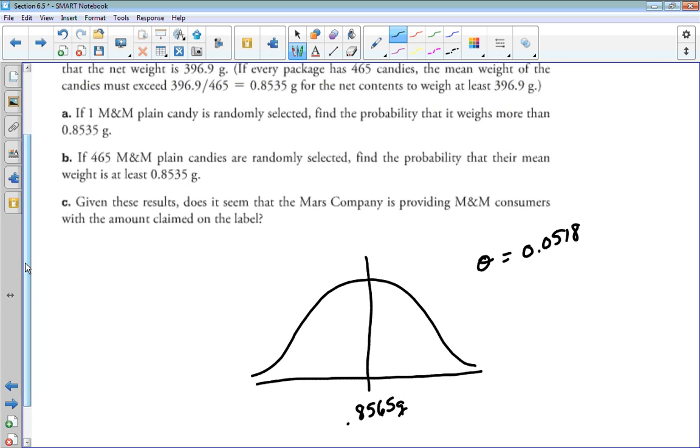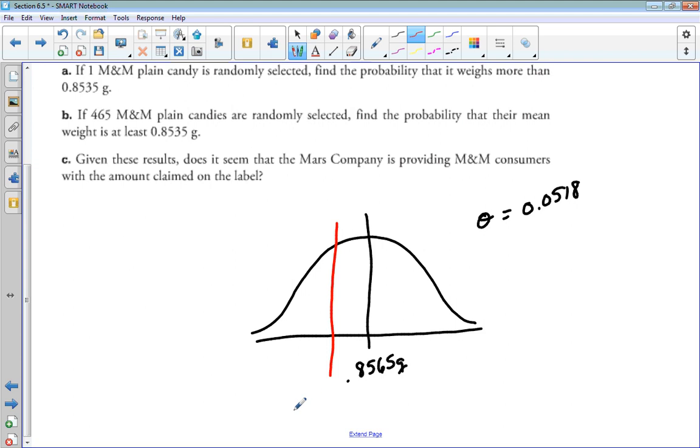So now I want to know if one M&M plain candy is randomly selected, find the probability that it weighs more than 0.8535 grams. Well, here's my mean of 0.8565. So I know this is smaller, so it's going to be on the left-hand side, 0.8535. And I want to know when it's greater. So again, I want to know the area under the curve here.